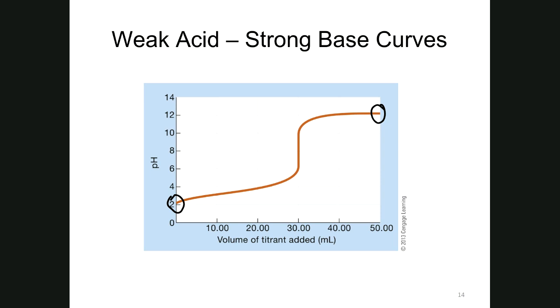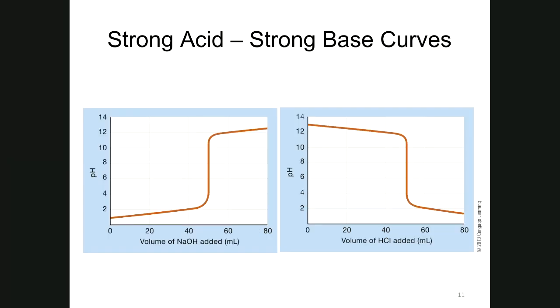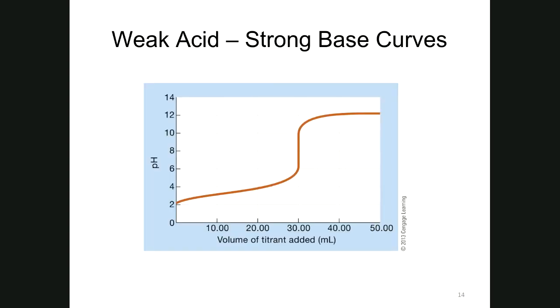Another factor that we need to look at is if we look back at our strong one, we can see that it remains from here to here relatively level, or relatively stable in pH. It really only changes by about 1 pH. But if we go to our weak acid base, it starts at about a pH of 2 and it goes up to about a pH of 5 or 6.